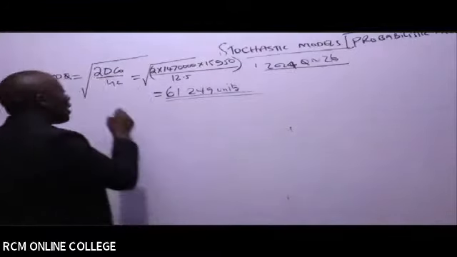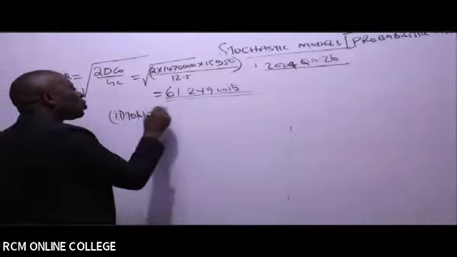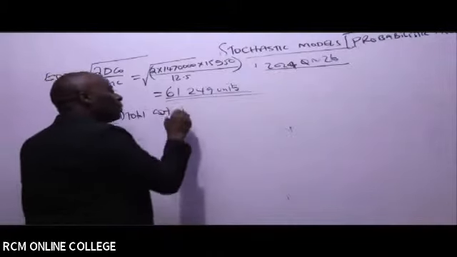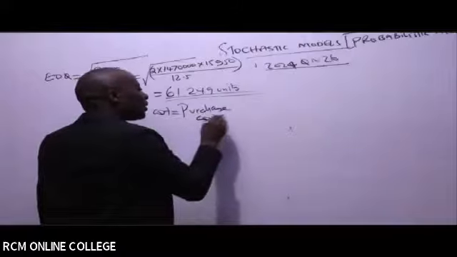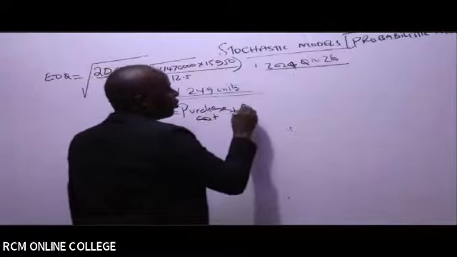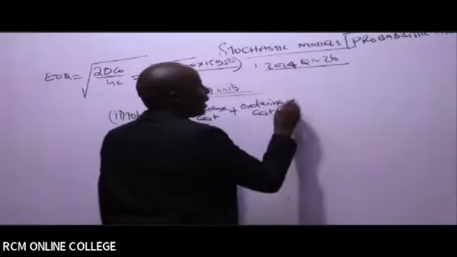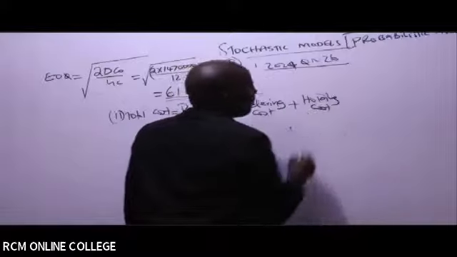In terms of inventory, whenever they want us to calculate total cost, or whenever they are silent, our total cost will be equal to purchase cost plus ordering cost plus holding cost per annum.